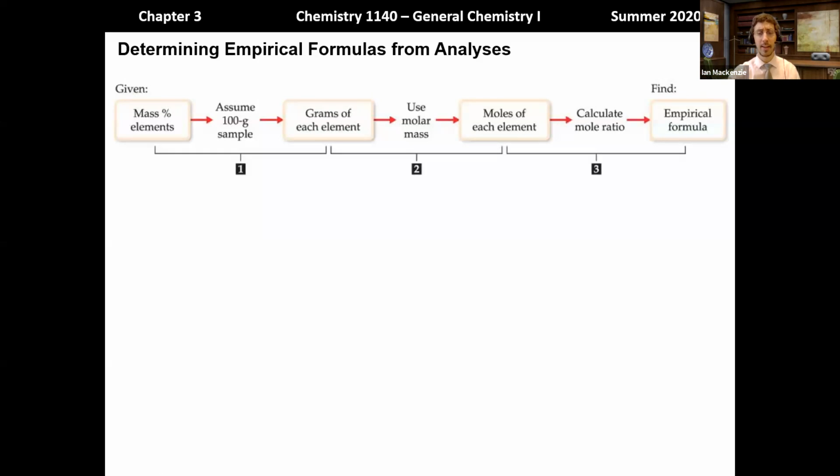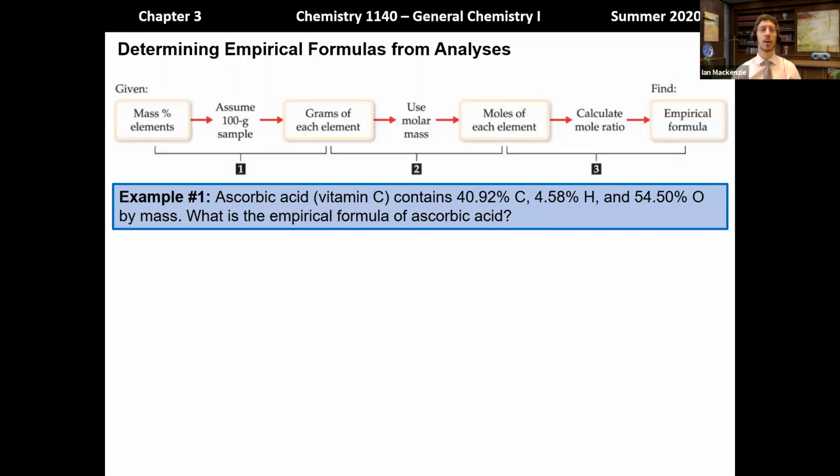Let's do this in an example. So first case, ascorbic acid, which is also known as vitamin C, contains 40.92% carbon, 4.58% hydrogen, and 54.50% oxygen by mass. So these are my mass percent values. What is the empirical formula of ascorbic acid?